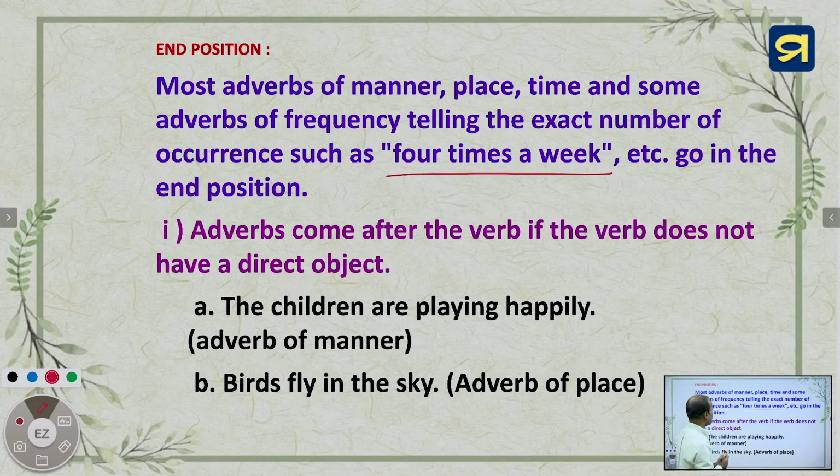So, adverbs come after the verb if the verb does not have a direct object. You can see here, the children are playing happily. So, what do you mark here? Here, the adverb comes just after the verb.